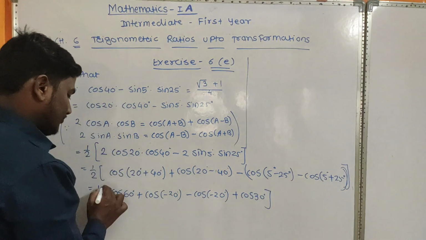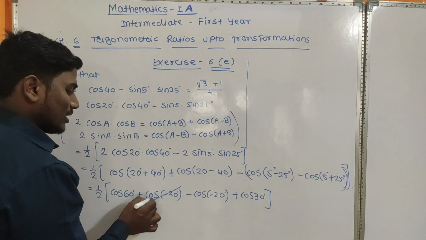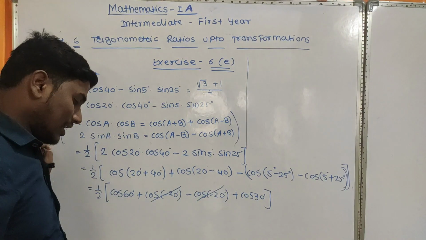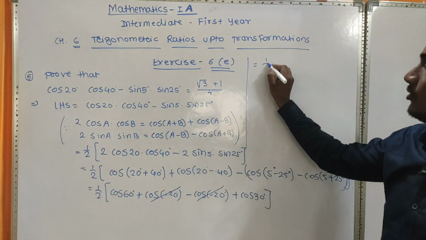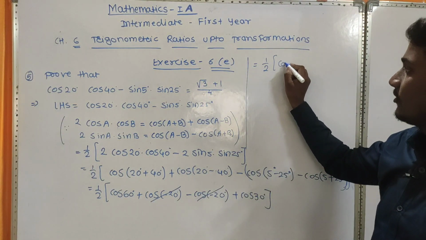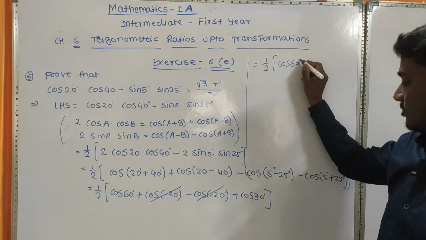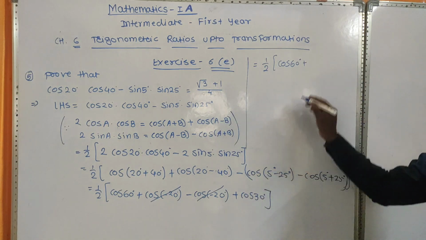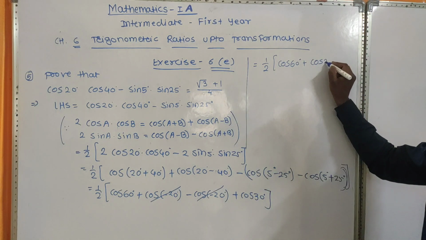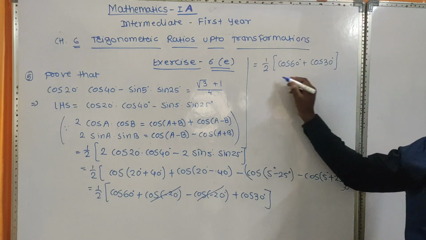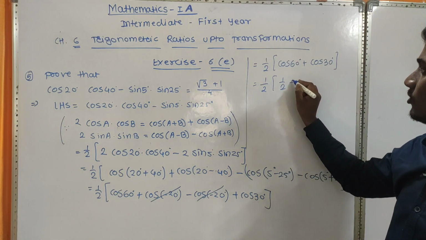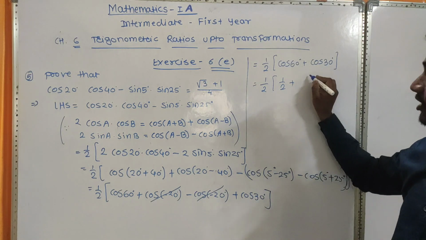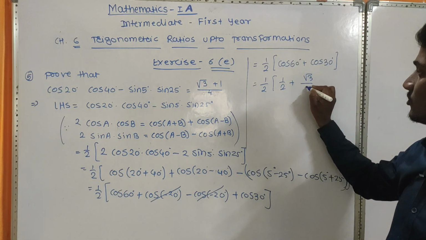Is it clear? So this cos minus 20 minus cos minus 20 cancel. What is remaining? 1 by 2 cos 60 degree plus cos 30 degree. What is the value of cos 60 degree? 1 by 2 into 1 by 2 plus cos 30, which is root 3 by 2.